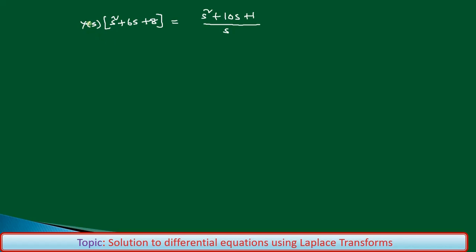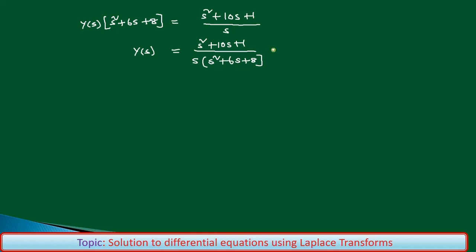Now we need the expression only for Y(s), so we shift this term to the right side. Then we'll get (s² + 10s + 1) divided by s into (s² + 6s + 8).